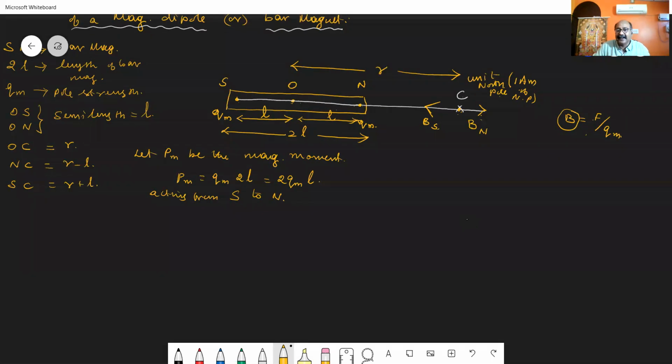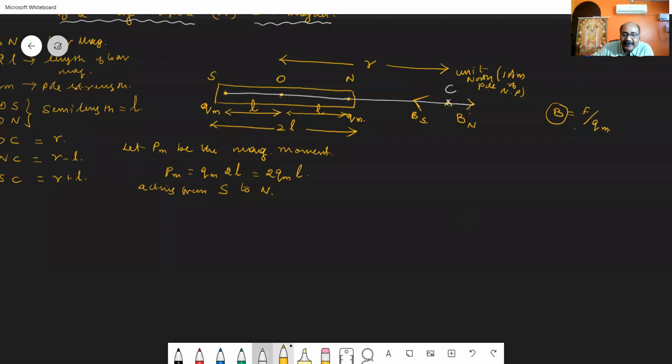Now we are going for the derivation. What are we going to derive? First of all, I am going to calculate the magnetic field at C due to the North Pole N. What is that magnetic field due to North Pole N? I am writing it as Bn equals, directly the book answer, but having in my mind the formula B equals F by Qm.